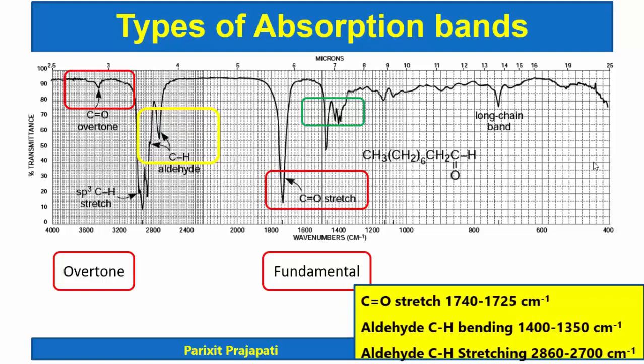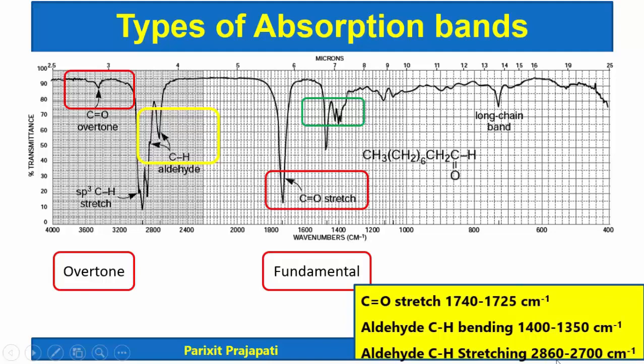So here in the yellow box, what happens? Let me explain what kind of peak it is. CH bending occurs at 1400 to 1350. In this table, in yellow color at the bottom, see CH bending occurs around 1400 to 1350. That I have described by the green box. Its overtone occurs around 2800, right?